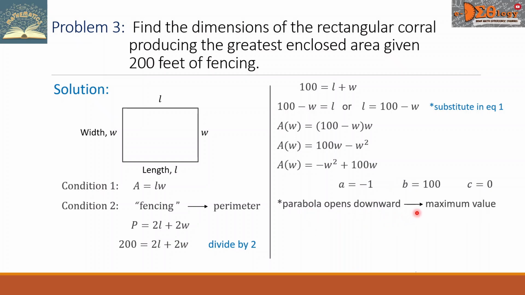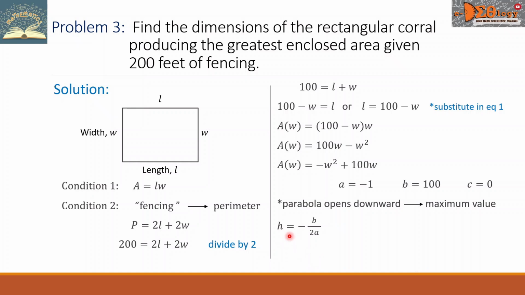It denotes that we can get a maximum value. Now let us solve for W. We're going to use the formula of the h of the vertex, and this is the negative b over 2a.